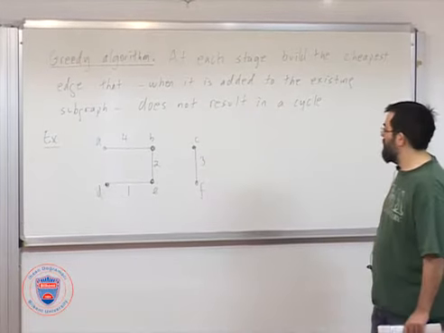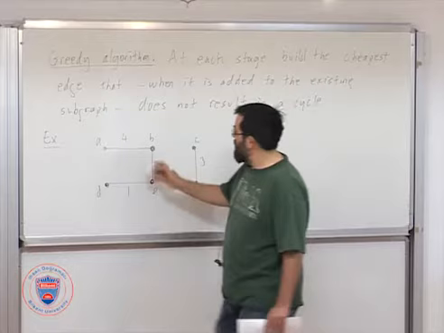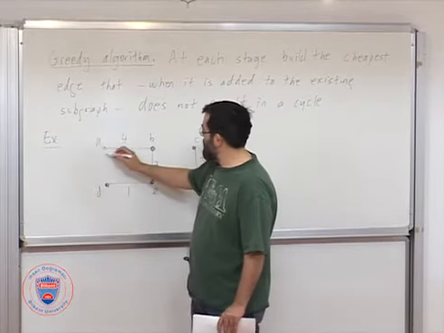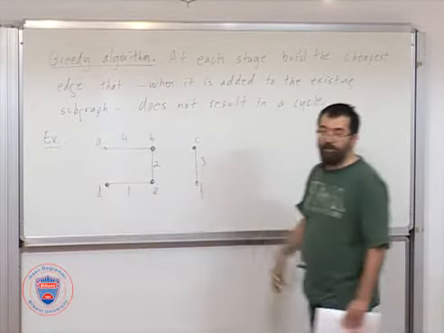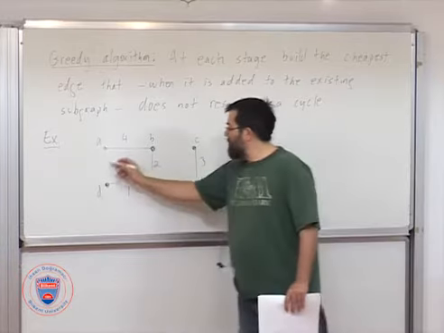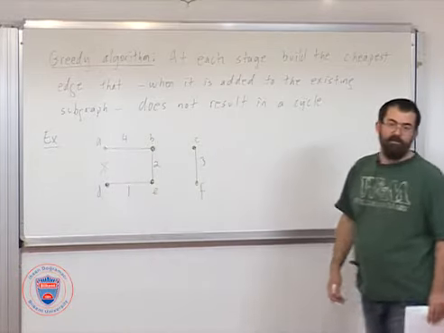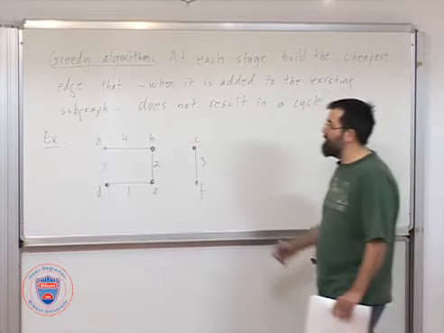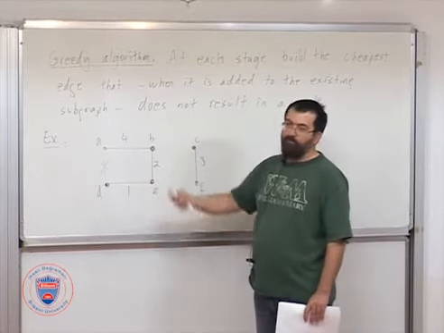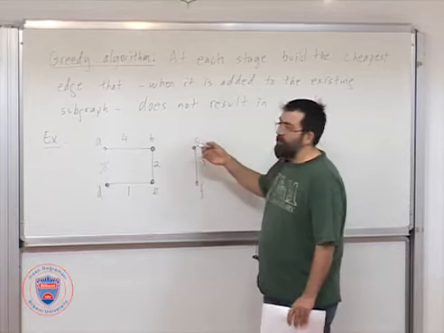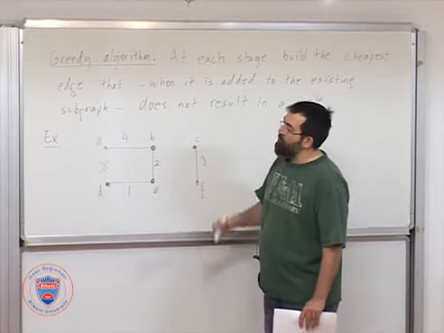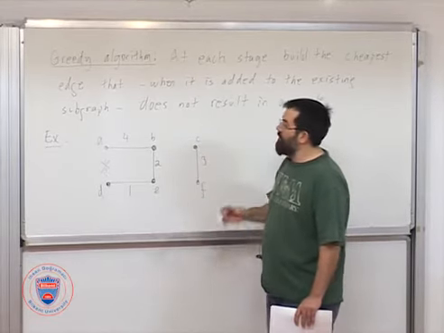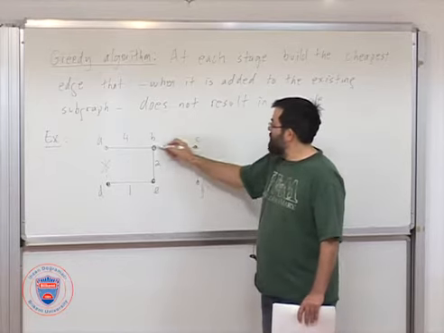And then look at the possibilities. The 5 is the cheapest one after this, but if you put 5, you get a cycle. So you say, I don't want to build that because it's a cycle. You move on to the next one, and you say, okay, 6. When you have exactly equal opportunities, you just choose any one. So out of these 2 6s, B, C, or E, F, you choose the one that you like most.